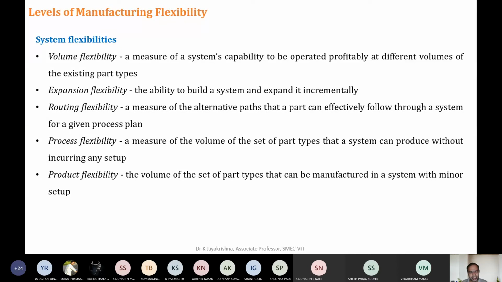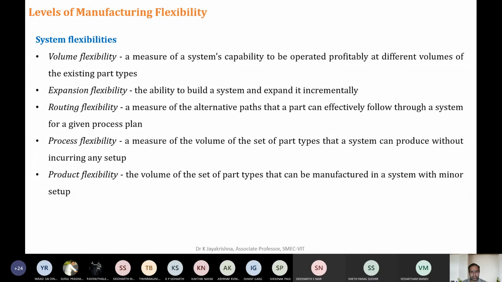I can produce a casing for the engine, a casing for the watch, plastic blades for the table fan, or any remote casing, or any cell phone back casing. Anything is possible using only one machine or one process. You will be able to manufacture different types of products. So that is called process flexibility.